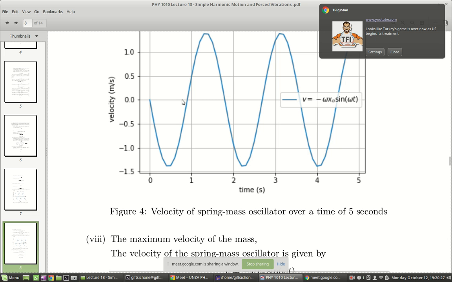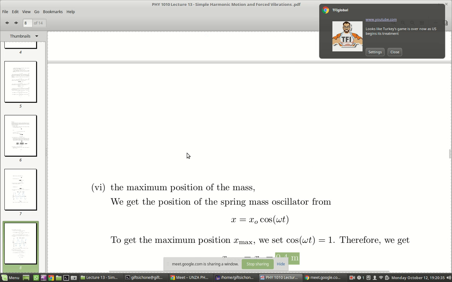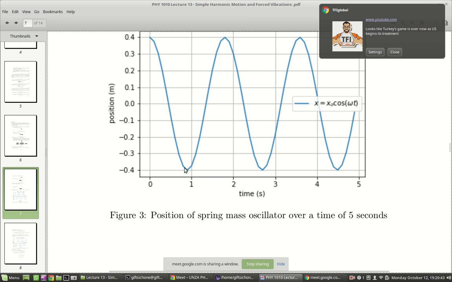After becoming equal to 0, which is where we have here, the velocity is going to increase because the mass is being pushed by the spring. It will be pushed in the opposite direction, and the velocity is going to increase. Again, the velocity is going to become maximum when it's passing through the equilibrium position, this particular point.